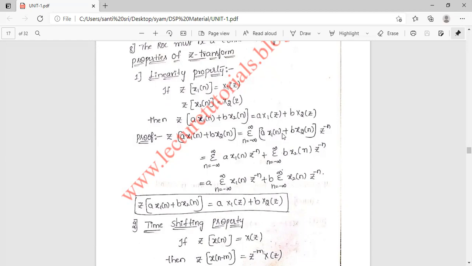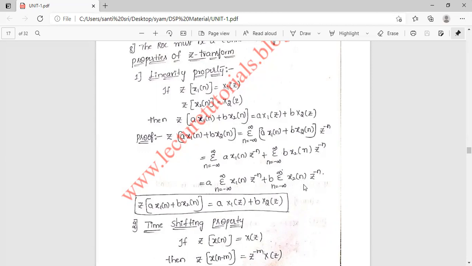Extract it separately: sigma n equal to minus infinity to infinity a into x1 of n into z power minus n plus sigma n equal to minus infinity to infinity b into x2 of n into z power minus n, or extract a separately: a into sigma n equal to minus infinity to infinity x1 of n into z power minus n plus b into sigma n equal to minus infinity to infinity x2 of n into z power minus n. So it is nothing but X1 of z, and it is nothing but X2 of z. So that is the linearity property.